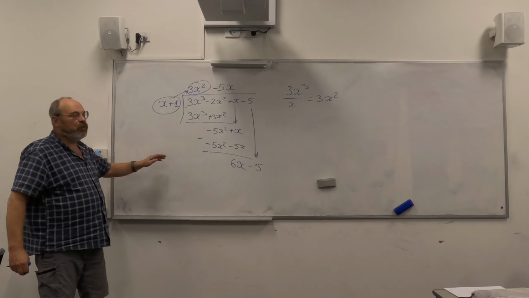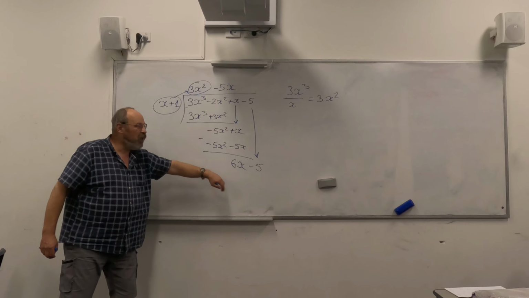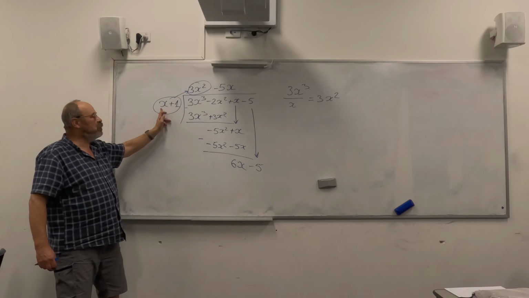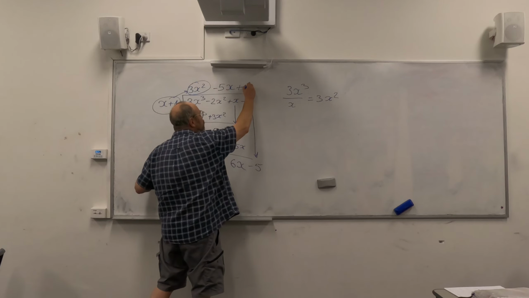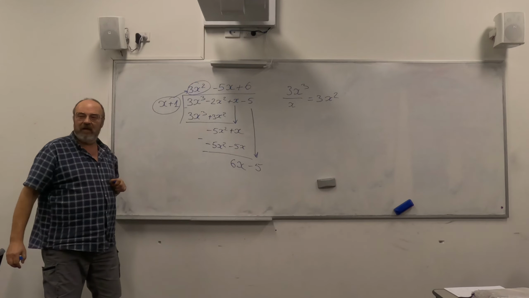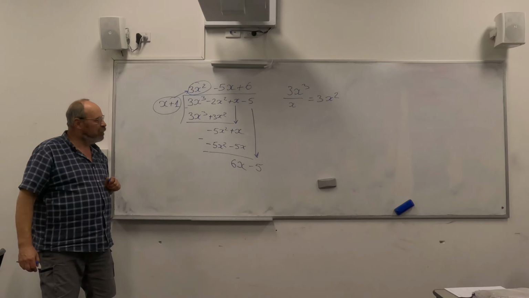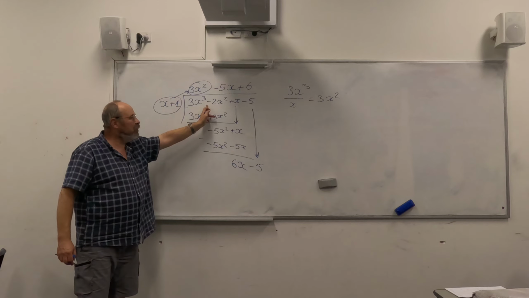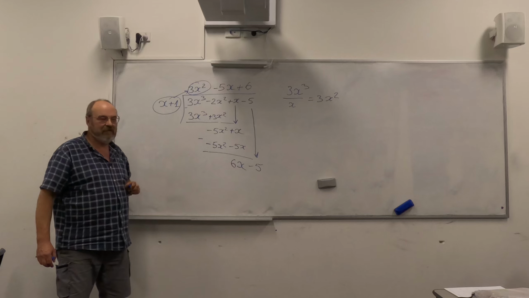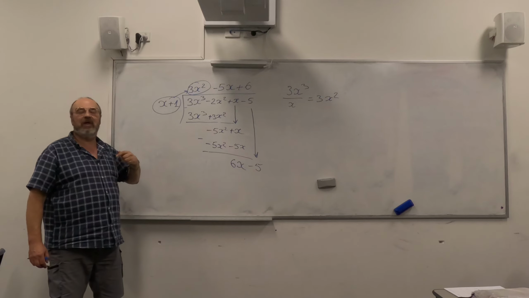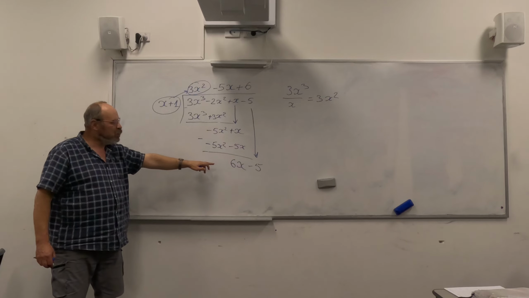That makes sense. Now we divide the leading term by the leading term. 6x divided by x is plus 6.